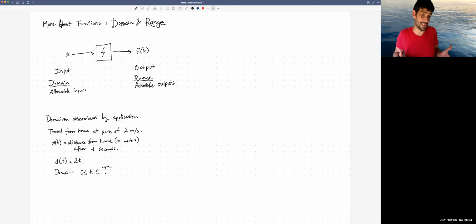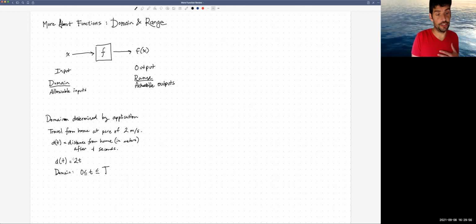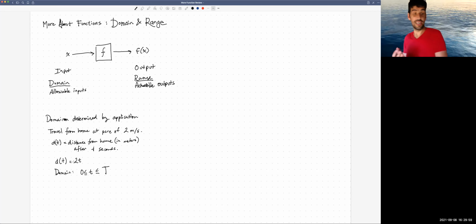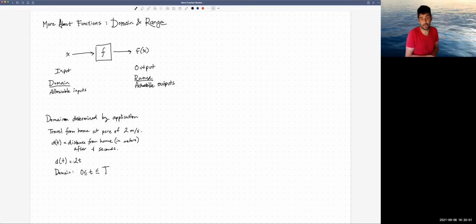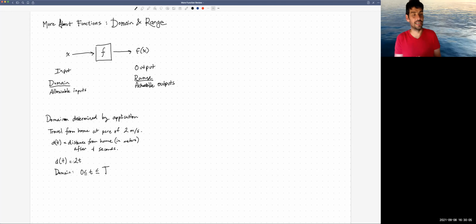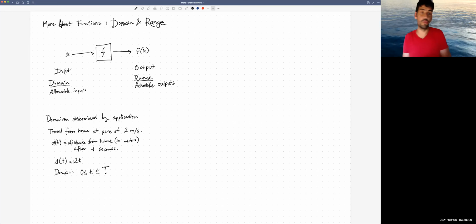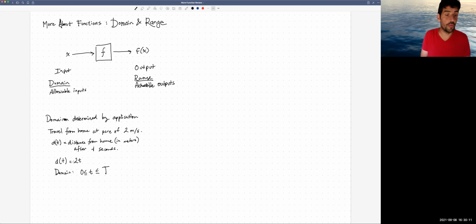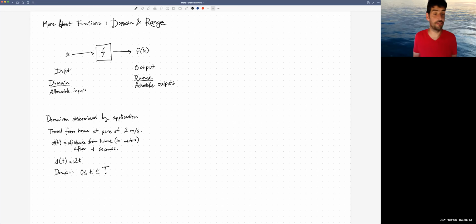So here, there's nothing about this function itself, the mathematics of it. I can take 2 and multiply it by any number, but because of the nature of the problem, this function doesn't really make sense for every input. I'm not negative meters away from my home when t is equal to -5.